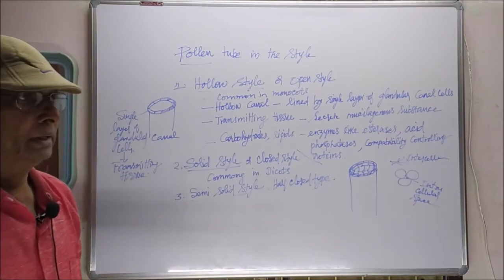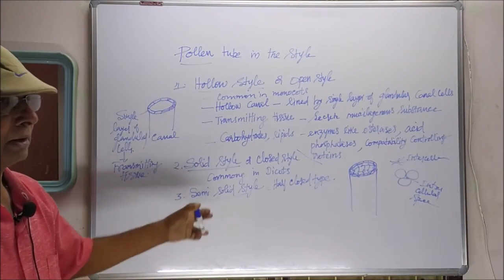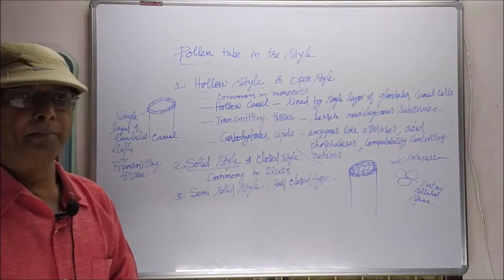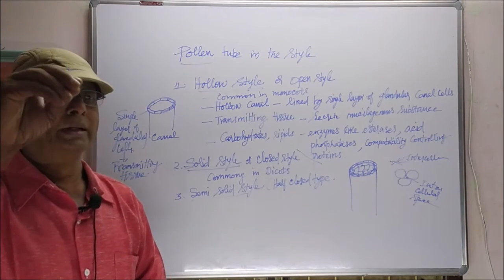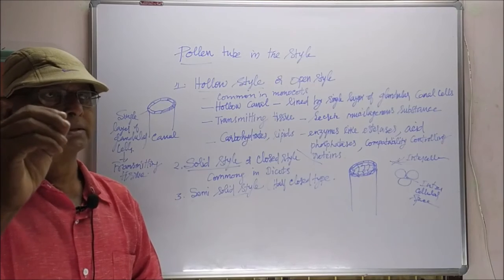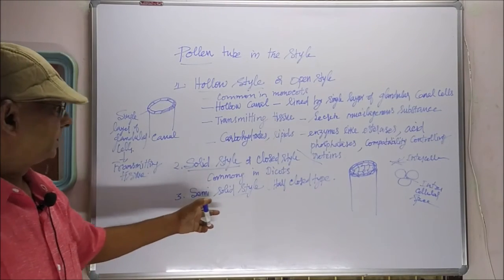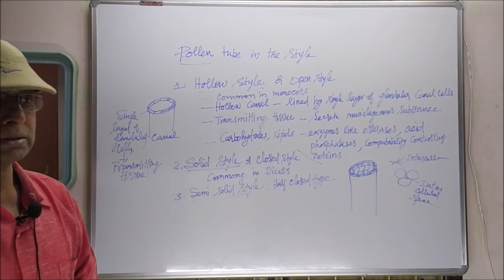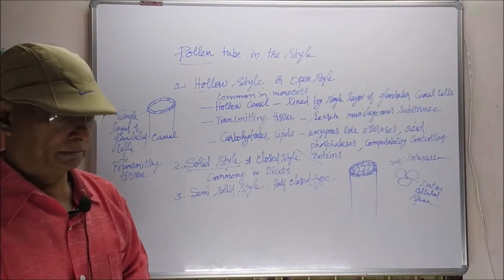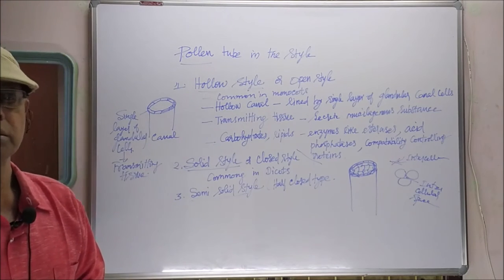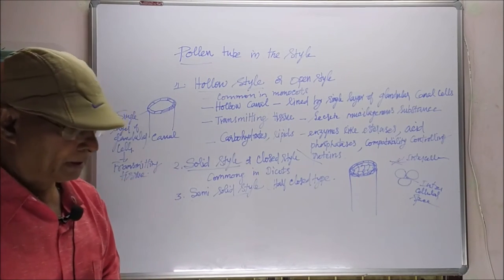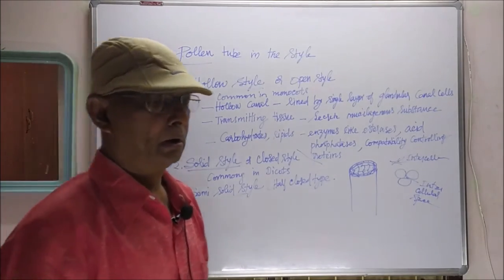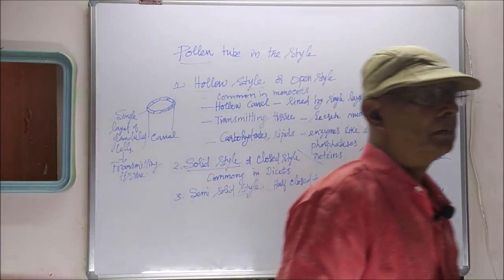Here, partly the canal is filled with transmitting tissue, so that the pollen tube grows through the space present in the semi-solid style towards the ovule. That is about the three different types of style you can come across in flowers.